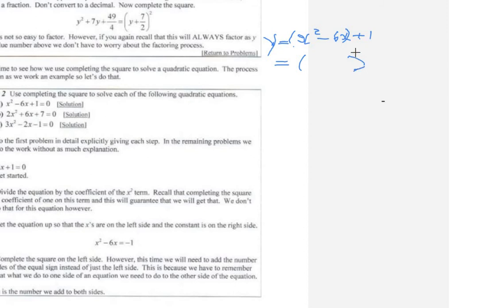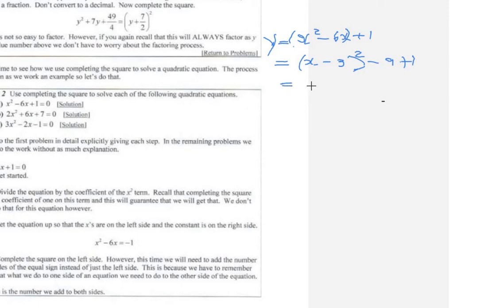Let's keep that plus 1 there. So this is the x without the square, the same symbol, then half that one, and then subtract this square, so minus 9. So we always subtract the square.